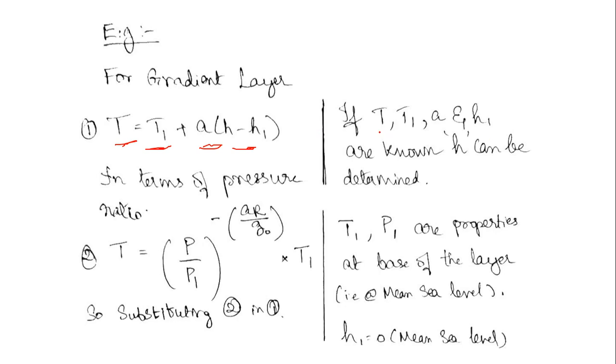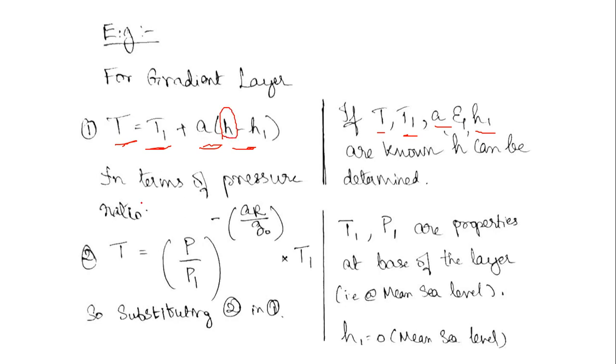So if we know the temperature at which we are measuring, the base temperature, the lapse rate, and the base height, that is 0 in case of gradient layer, we can determine the value of h by rearranging the equation.